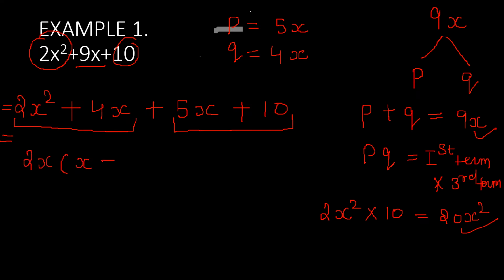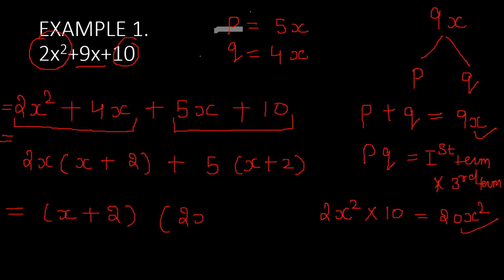Here will come x plus 2. From the last two terms I can take common 5, then inside x plus 2. Now x plus 2 is common in both terms, so I will take it out, but left inside is 2x plus 5. These are the two factors of this quadratic polynomial.